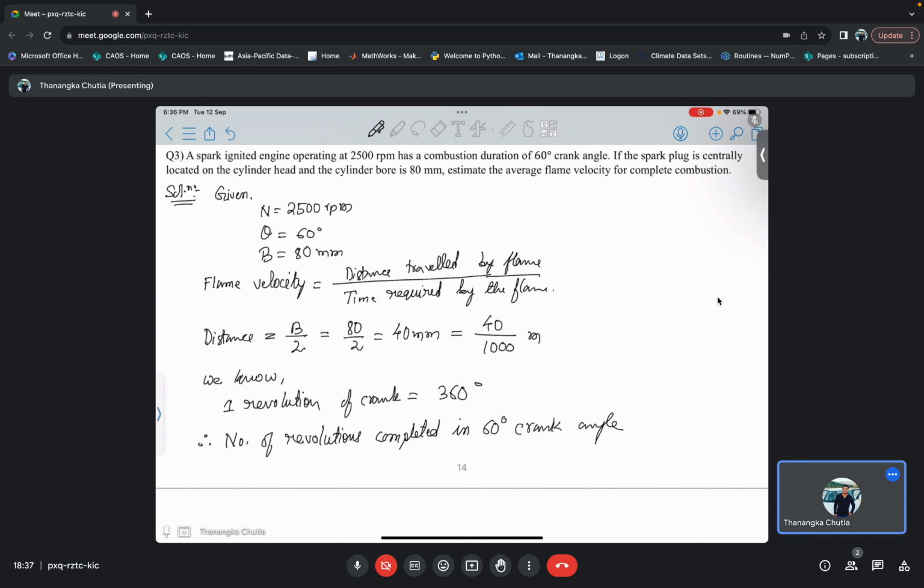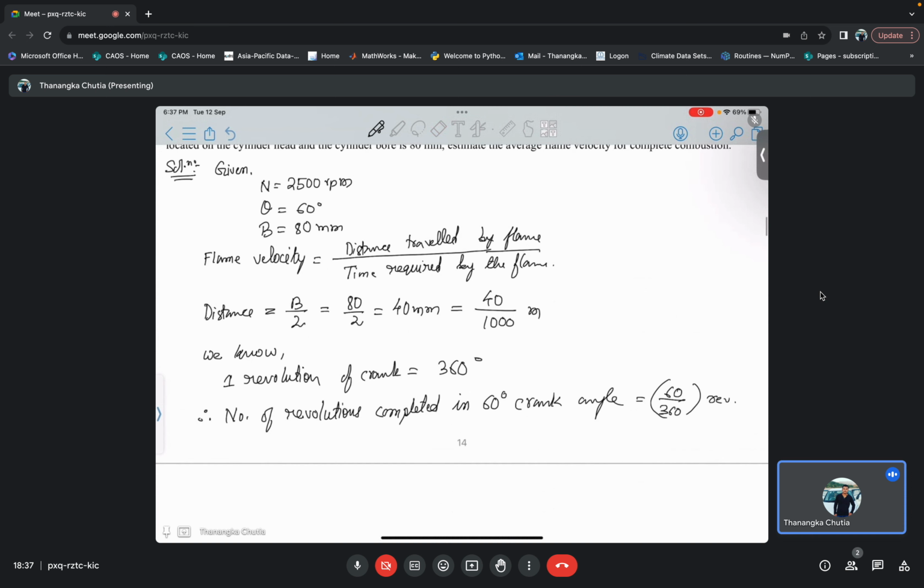Why? Because 60 degree is the combustion duration, that means the flame whatever it starts, that combustion plus. So this will be equal to 60 by 360 revolutions. Yes or no? 60 by 360 revolutions.